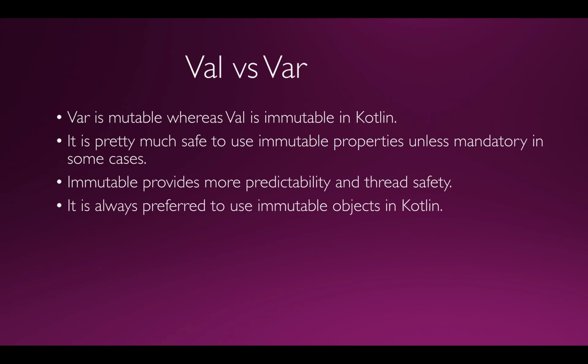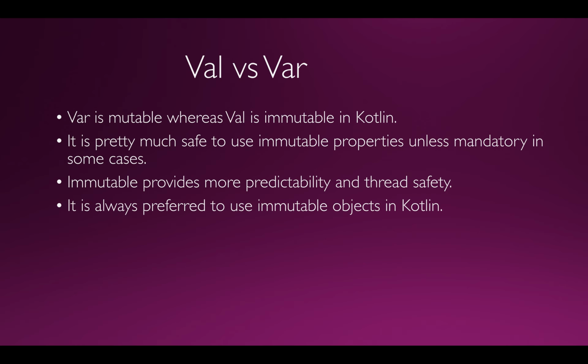So it is pretty much safe to use immutable properties unless mutability is mandatory in some cases. Immutable provides more predictability and thread safety. As of now, I think you are not familiar with thread safety and thread stuff if you are a novice to programming languages, so we will discuss that in later chapters.